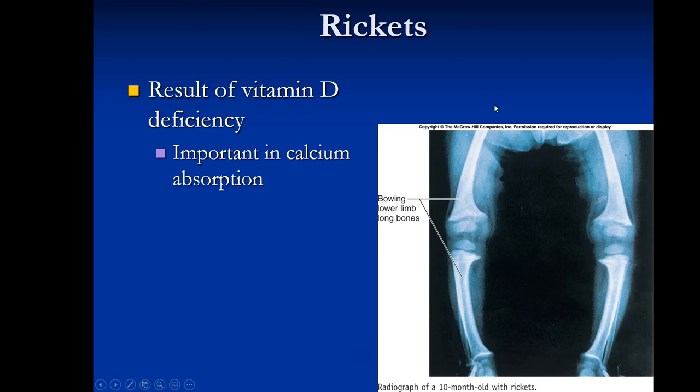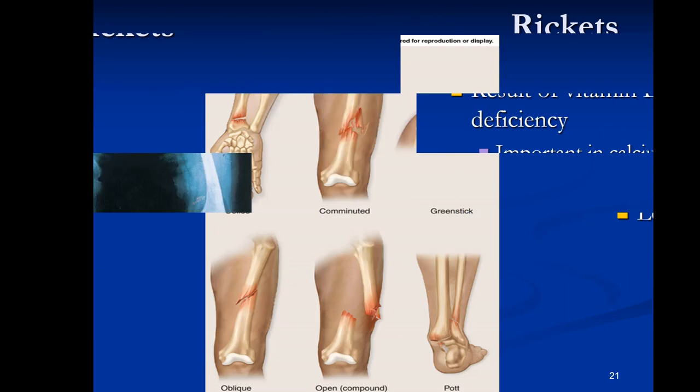A common thing that you see in rickets is that the bones soften so much that you may start getting a bow-legged appearance. So this is the classic sign of rickets. Again, lack of calcium, bones get soft. Lack of collagen, the bones get weak. So vitamin D deficiency leads to soft bones.